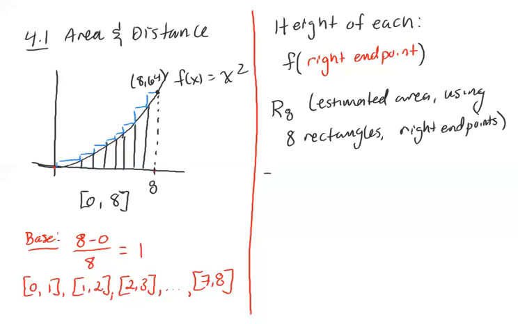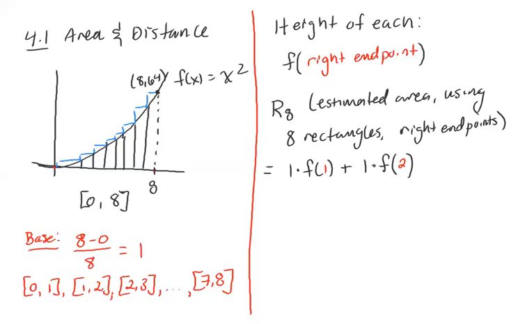That R8 area is equal to the base of rectangle 1 times the height of rectangle 1, which is f of 1, the right endpoint, plus the base of rectangle 2, which is 1, times the height of rectangle 2, which is f of 2. That is the right endpoint of the second interval.